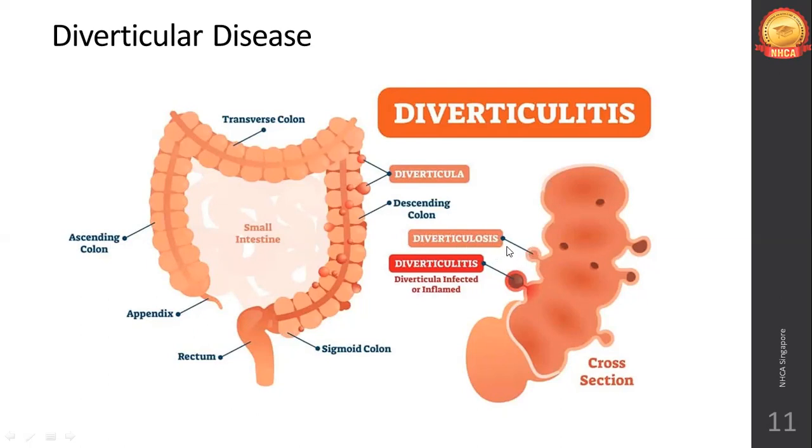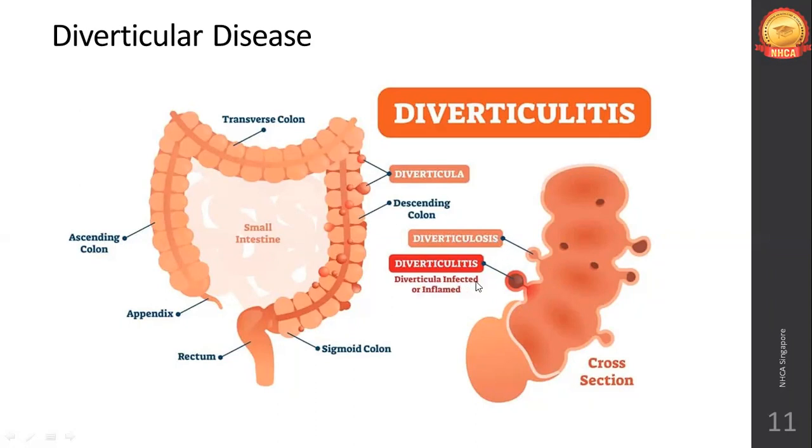It is not that harmful, but when would it become diverticulitis? When the fecal matter that passes through the colon gets stuck in this outpouching, it will stay there and cause inflammation. That's how from diverticulosis it turns into diverticulitis.